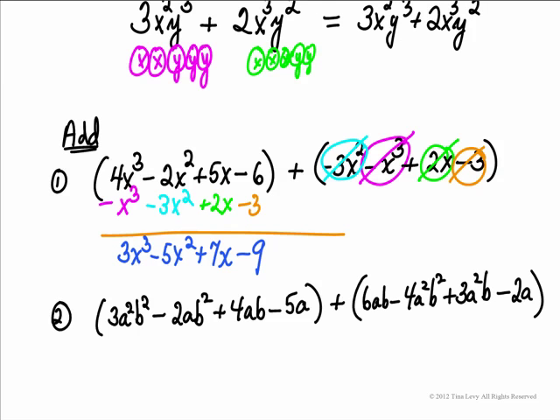Without worrying about descending order at first, I'm going to go through, and I see that I have a 3a squared b squared and a negative 4a squared b squared. Then I have a negative 2ab squared, but I don't have another one, so I have to keep that by itself. But I've got a 4ab, and over here I've got a 6ab, so I'm going to put the plus 6ab. And now I've got a negative 5a and a negative 2a.